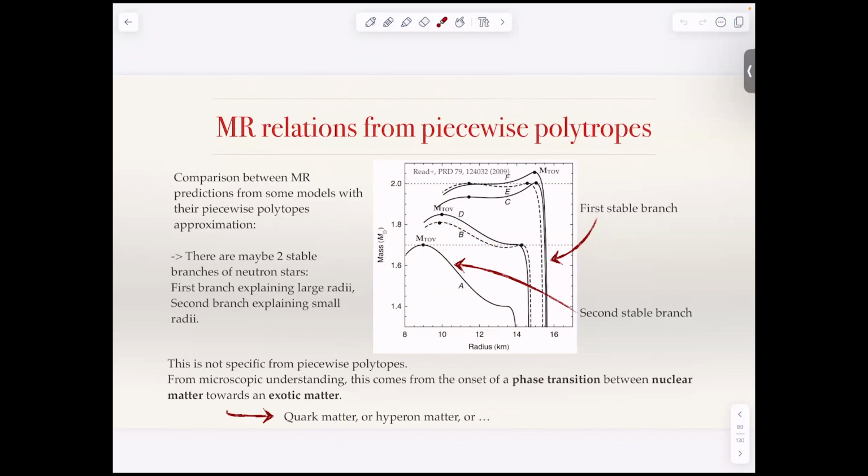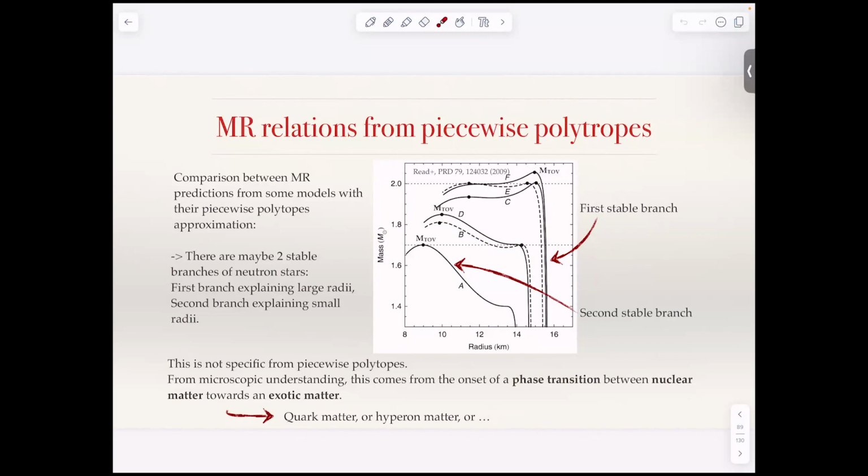And it may be obtained, for instance, if you have an equation of state with quark matter, and then you have a first branch without quarks, and suddenly quarks appear. When they appear, they first destabilize the star, so that could be the reason why you have an unstable branch here. And then after, when they are numerous enough, you have a stable system which appears again, and you have this stable branch.